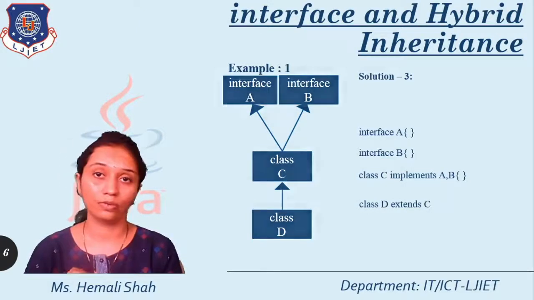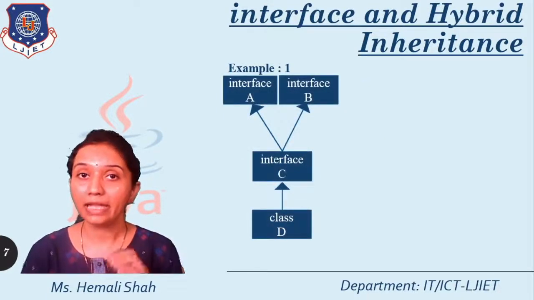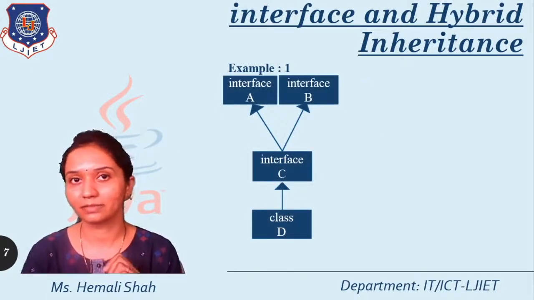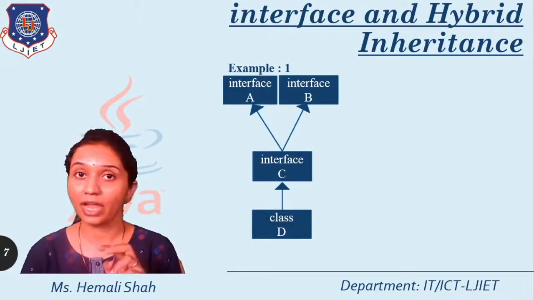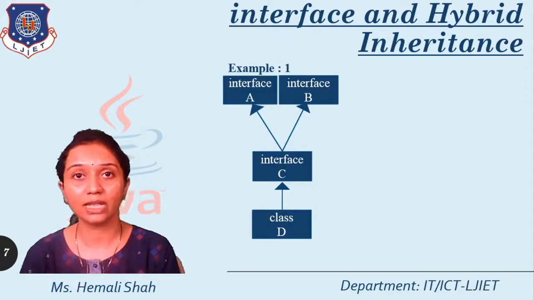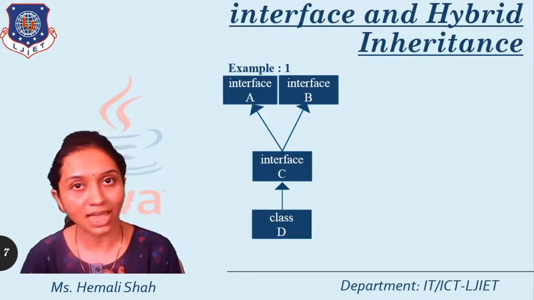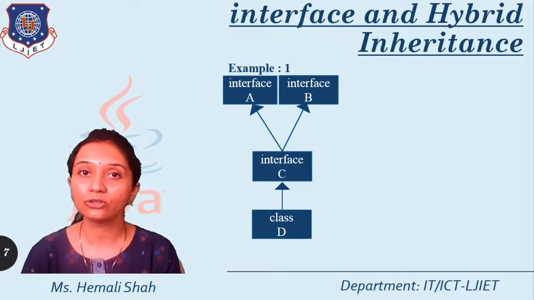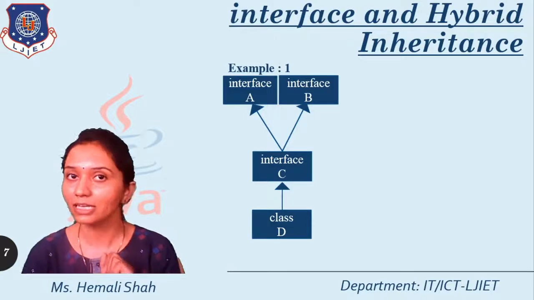Right? Now what is the fourth solution? So here I am making C an interface. If C is an interface, you cannot create A or B as a class because you cannot create an interface from an existing class. So you have to make A and B interfaces if you are making C an interface.